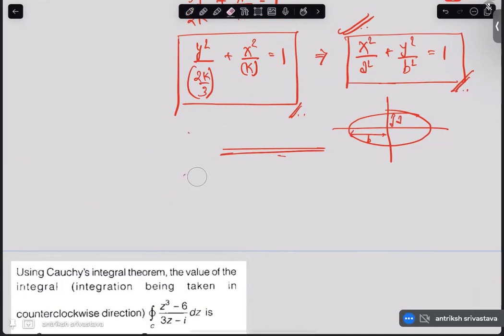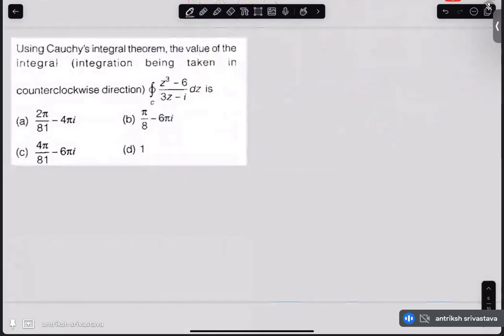If you have not seen these kinds of equations, no need to worry. This is not in the syllabus.